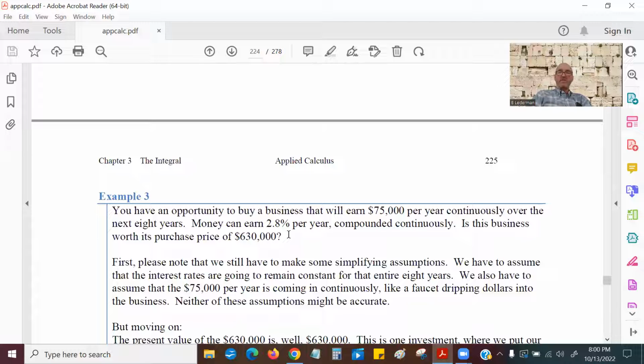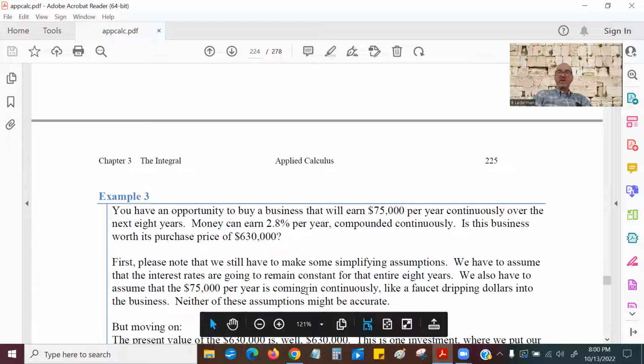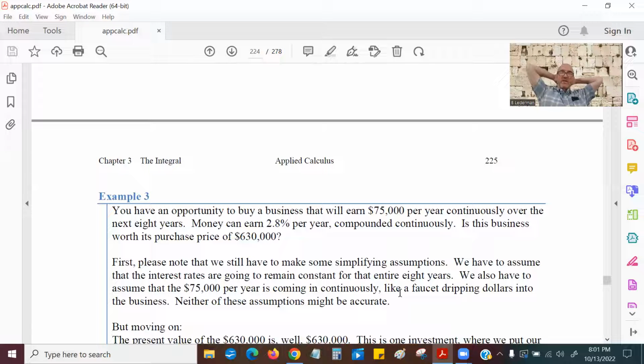And we're going to assume that the 75,000 per year is coming in continuously, like a faucet dripping dollars into the business. In reality, neither may be true, because money doesn't necessarily flow in equal amounts every minute. It comes in ebbs and flows. But to make it simple, we're going to assume that.